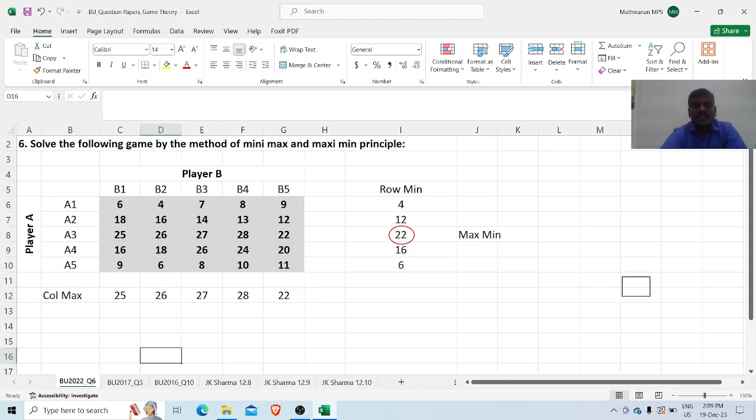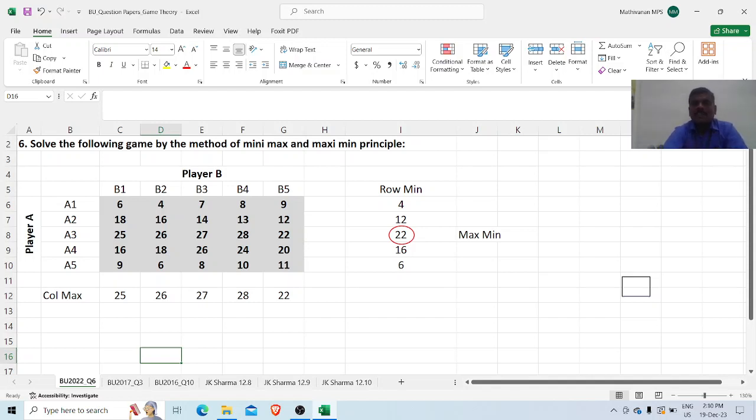Here, player B is also taking a pessimistic approach, that is, the maximum possible losses when B is not aware of the strategies used by player A. When player B is using the first strategy, the maximum possible loss is 25 points because B does not know what strategy A will choose.